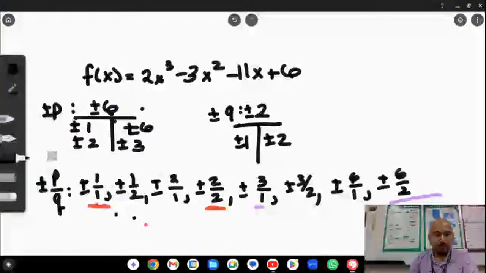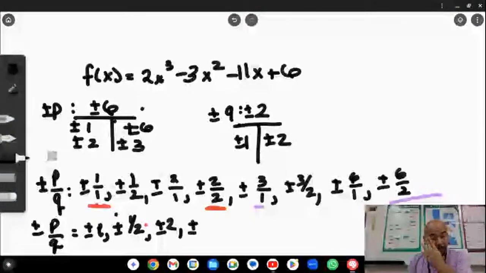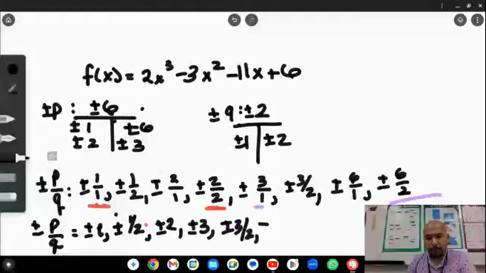So my rational root theorem suggests I'm going to get positive negative 1, positive negative 1 over 2, positive negative 2, positive negative 3, positive negative 3 halves, and positive negative 6. Since the 2 over 2 gives you 1, I'm not going to write that one down.